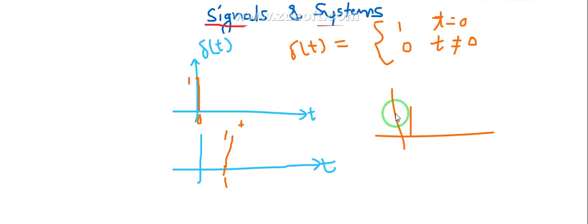If you add some more signals, shifting and adding similarly, you will get the unit step function. That is how you get the unit step sequence, u of n. This is the u of n.